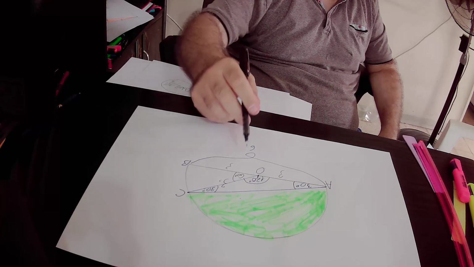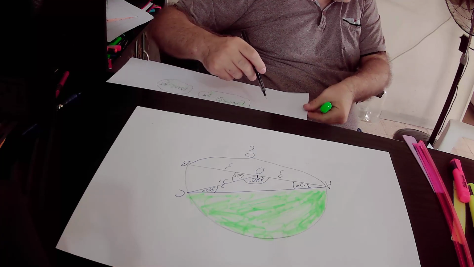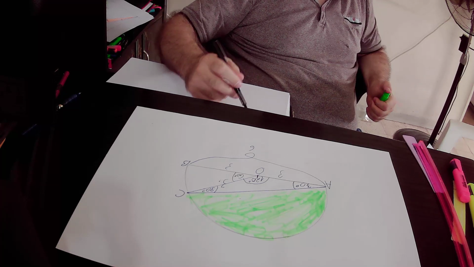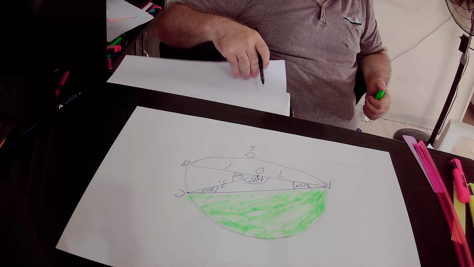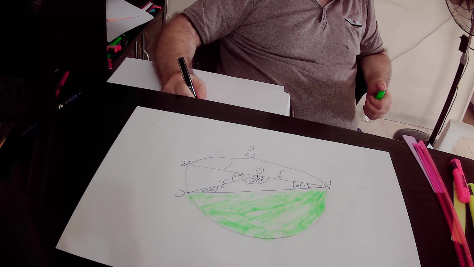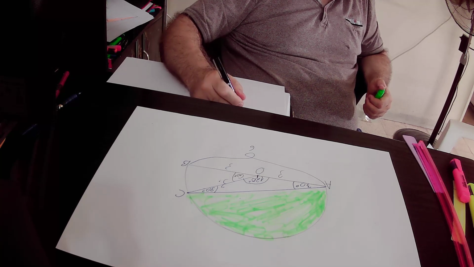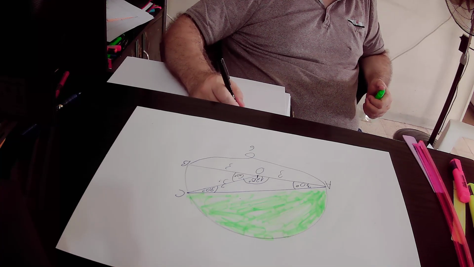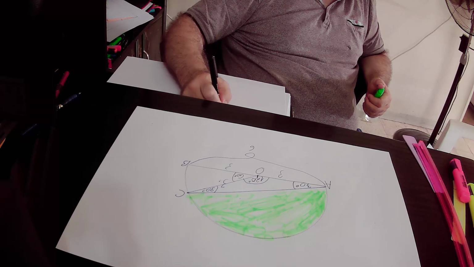Okay, so we found out that angle COB equals 60 degrees, and according to the formula of a sector, we know that the area of any sector is equal to pi r squared times theta over 360 degrees.